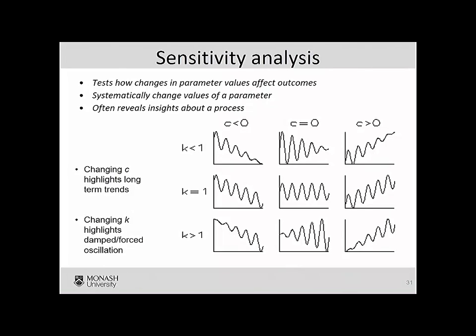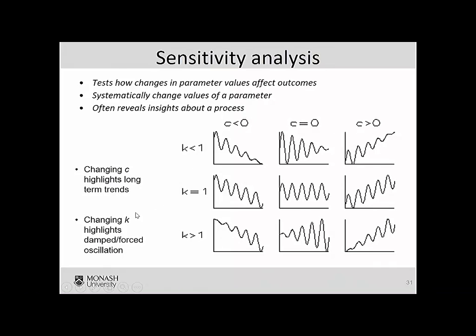Another thing, and you've seen this in the examples we played with, is that we can test how changing parameter values changes the outcomes. We can have these two examples. C is the sort of long-term trend. So C says, if it's less than 0, we're going to gradually decrease. If it's equal to 0, we're going to stay the same. If it's greater than 0, we're going to gradually increase.